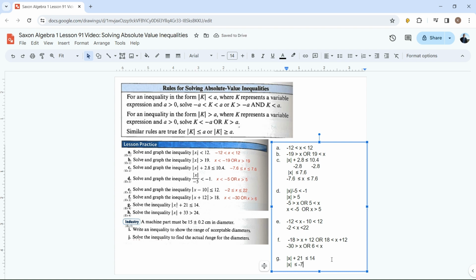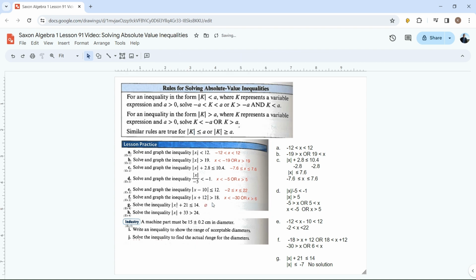I can't evaluate this because I have a negative value on the other side of the inequality, and I can't evaluate the absolute value against a negative value. So this one's going to be no solution. There's no way for me to do this. Let's just make sure we got that right. No solution.